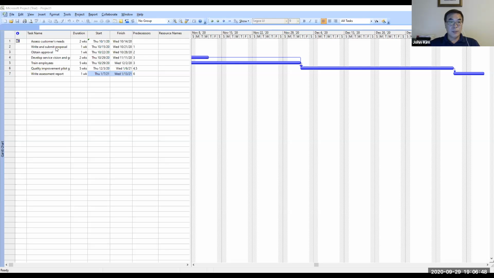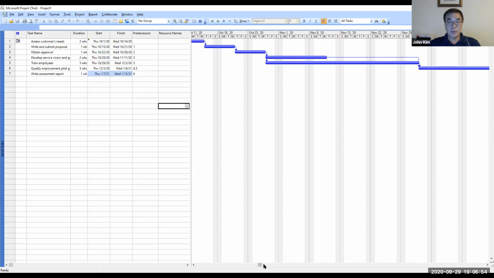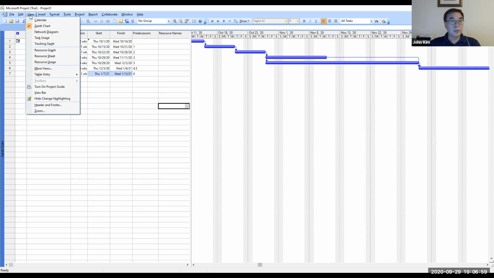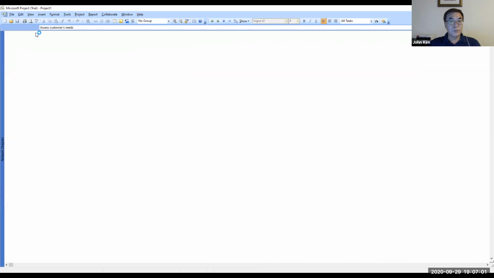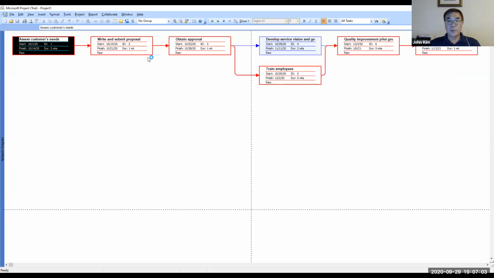Sorry, I lost network. So showing this one again. After typing in all information, then we can see the Gantt chart like this. Then we can see the network diagram like this.